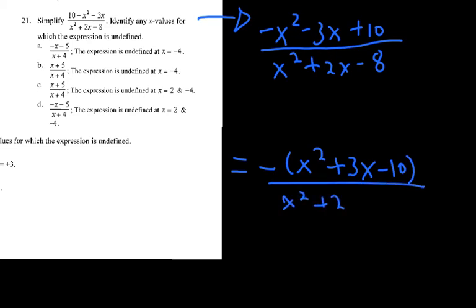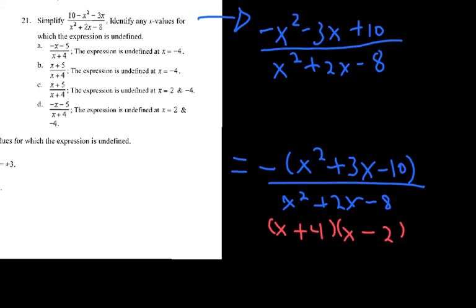Now let's go ahead and start factoring. So on the bottom, we do have x, and that will be positive 4 minus 2. Positive 4 times negative 2 is negative 8. And when you combine 4 and negative 2, that's positive 2, which is the middle term.